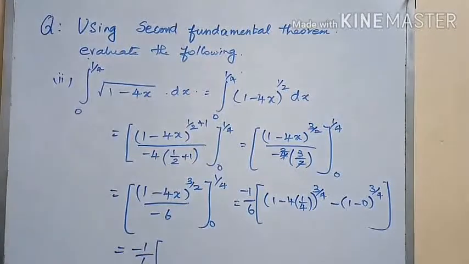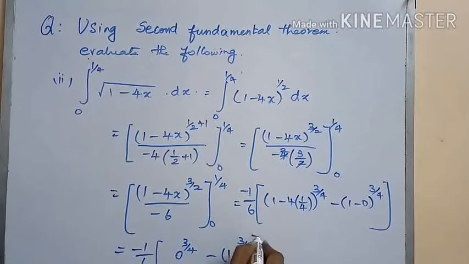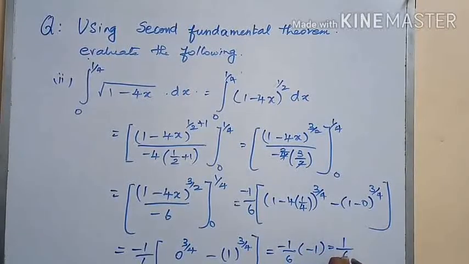So in the next step we get minus 1 by 6 into 0 to the power of 3 by 2 minus 1 to the power of 3 by 2. So we get minus 1 by 6 into minus 1, which is 1 by 6. That is the answer for this integration.